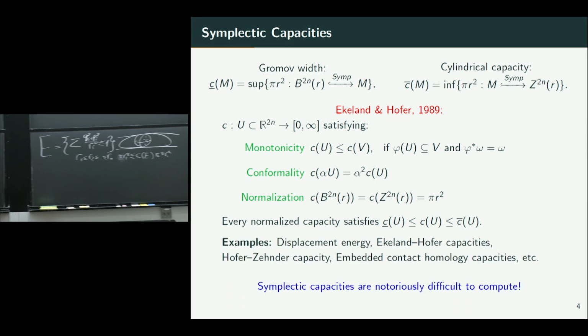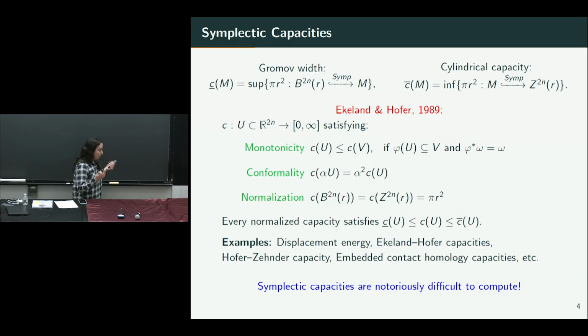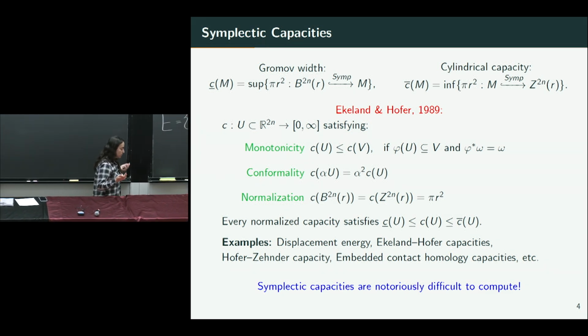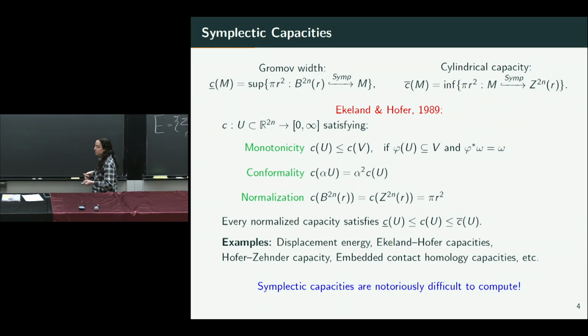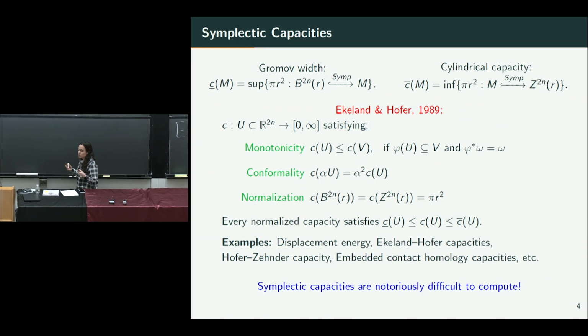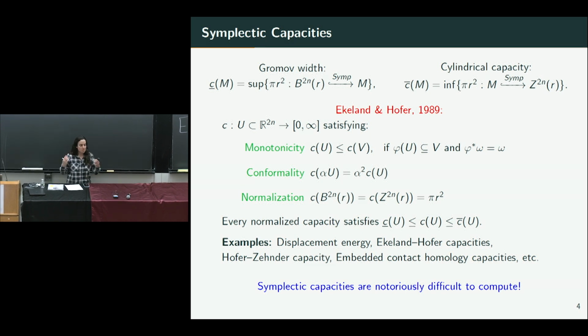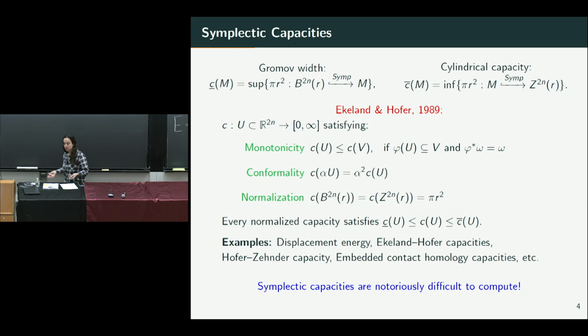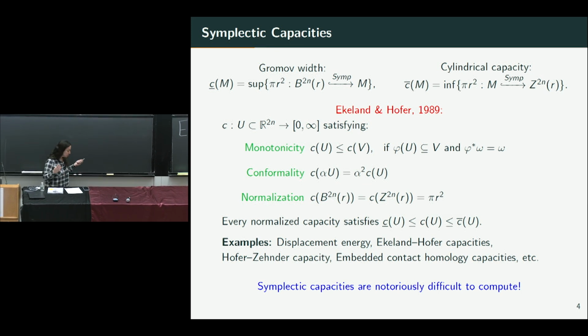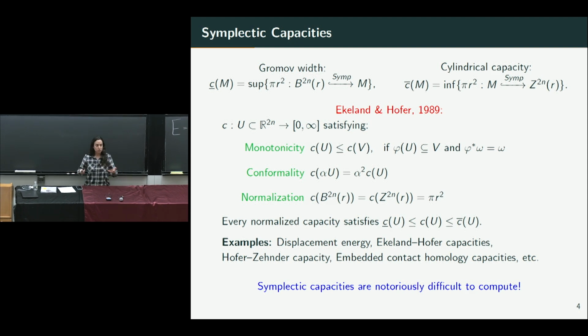Okay. And capacities were actually introduced in the 90s. They were defined in many different ways and using various tools, so not just the embedding ones. And this suggests that you can use various tools from symplectic geometry coming from Hamiltonian dynamics or homology theory or generating functions and so on to study rigidity phenomena.